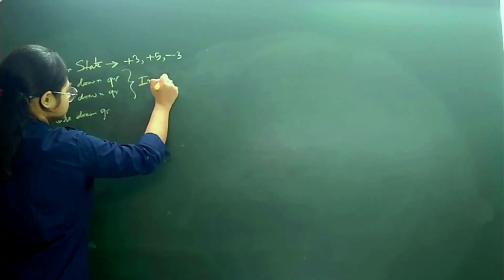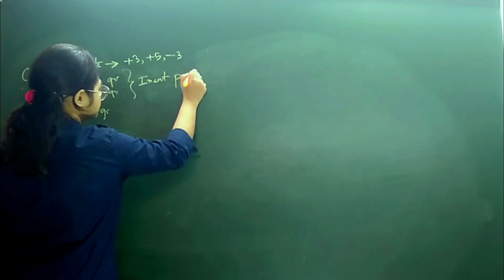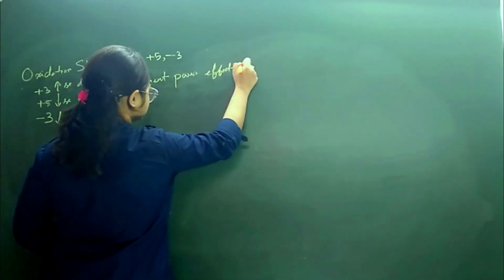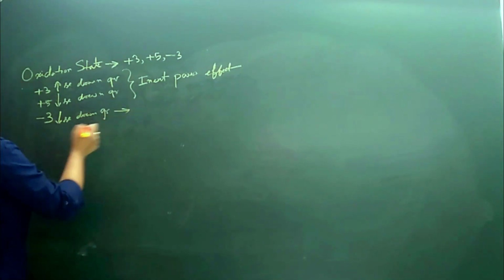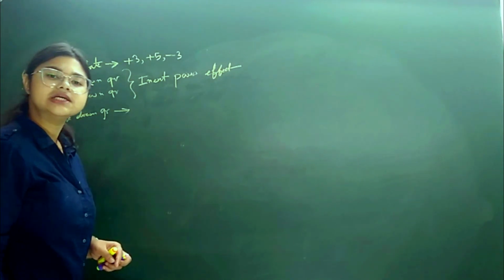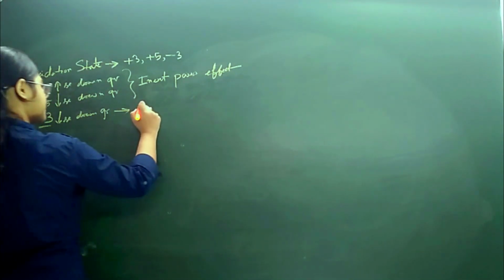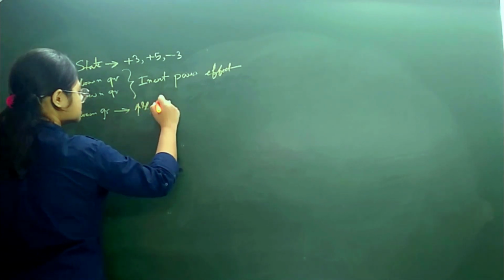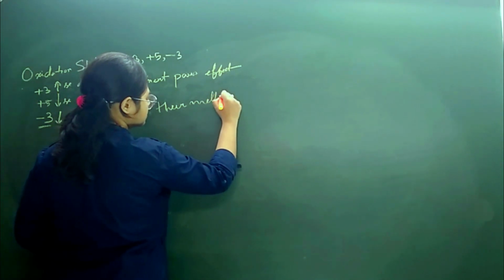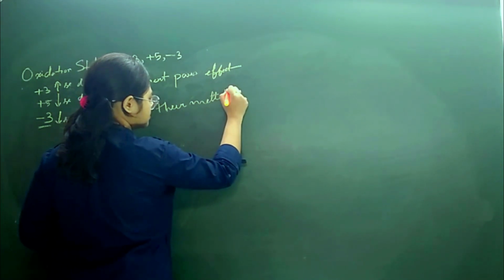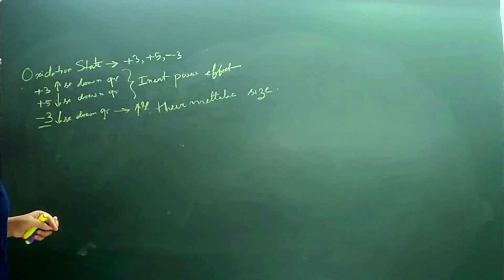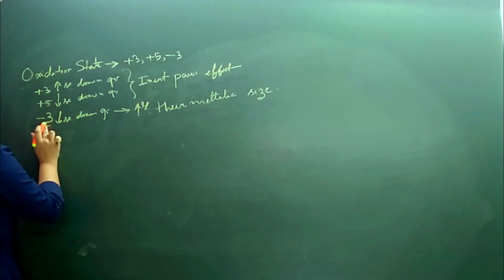The decrease of the -3 oxidation state is due to the increase in metallic size. So those are the basic oxidation states they exhibit.